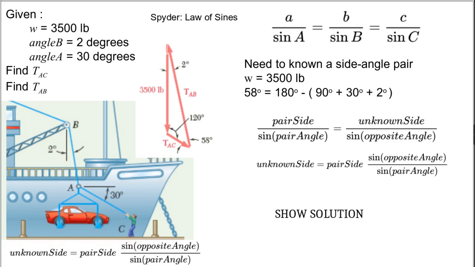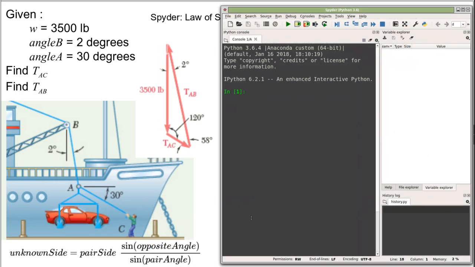So let's look at this problem with Spyder. I am only going to use the console in this case. And what I need to do before using math functions in Python is to import it.